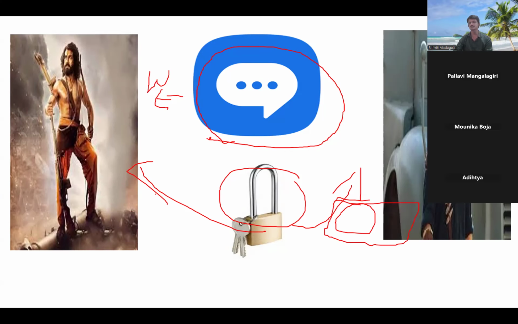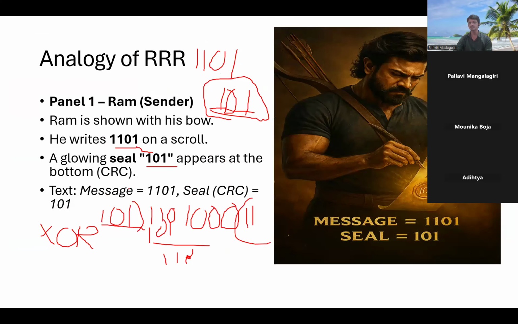If the remainder consists of zeros, he can say that there are no errors. So this is the overall transmission that takes place while sending the message.